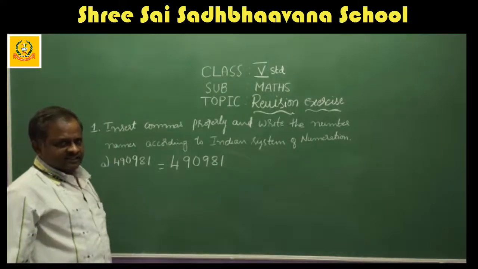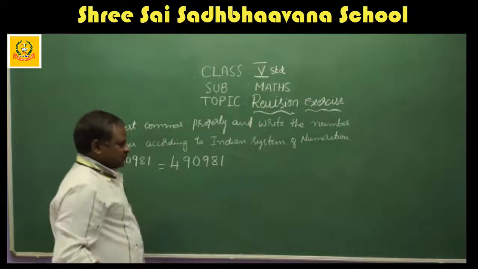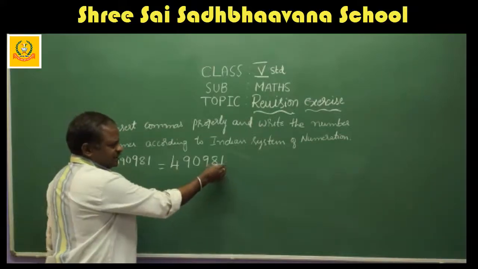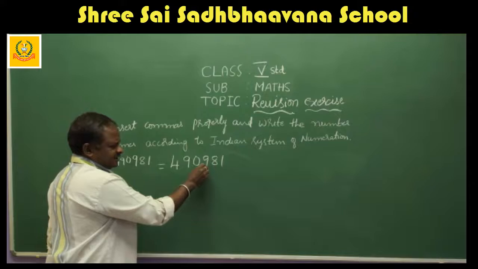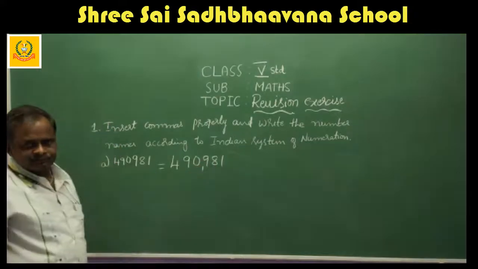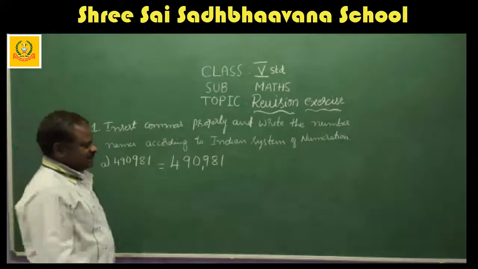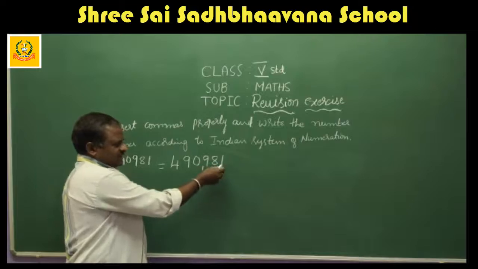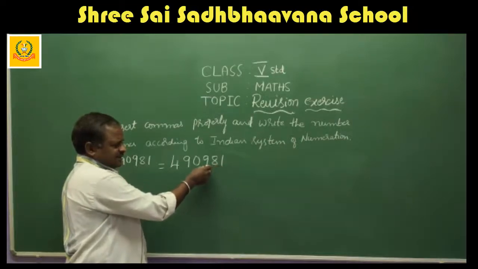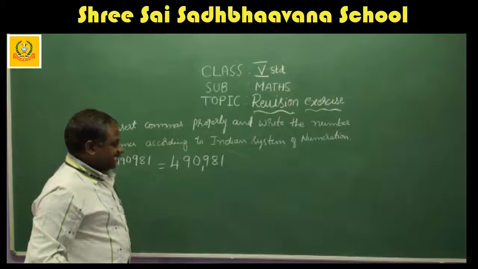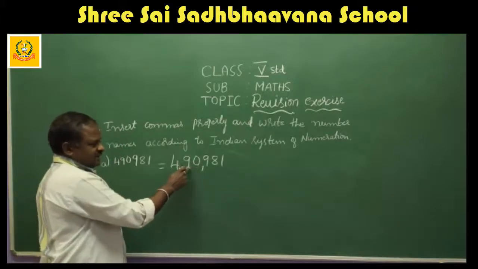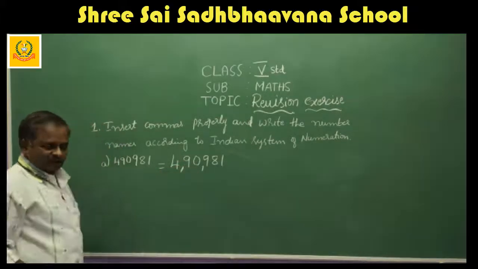Commas should be inserted from the right side. So first on the right side, unit, tens, hundreds. Here you have to put 1 comma. I hope you understand. That is first unit place, tens place, hundreds. You put 1 comma. Next thousands, ten thousands. You put another 1 comma.